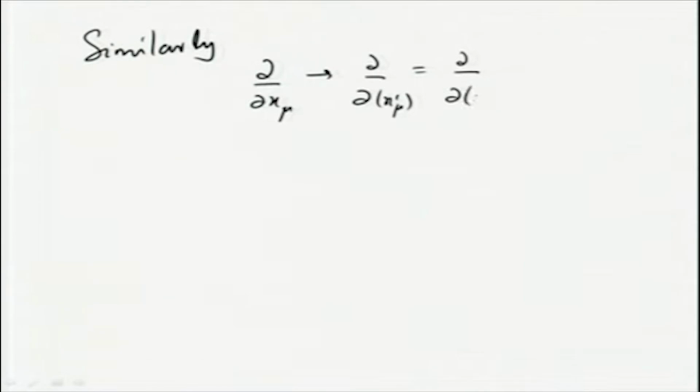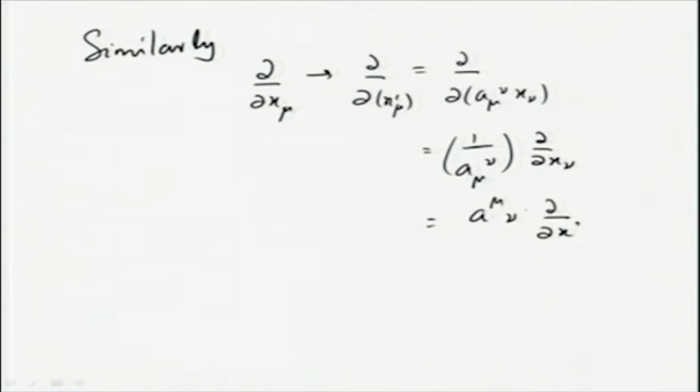Similarly, if you consider ∂/∂x covariant, it goes to ∂/∂x' covariant, equal to ∂/∂(a x_ν), which is essentially equal to a^μν ∂/∂x_ν. Taking the same argument as earlier, this is 1 over a times ∂/∂x_ν, which is essentially a^μν ∂/∂x_ν, with ν now a subscript.